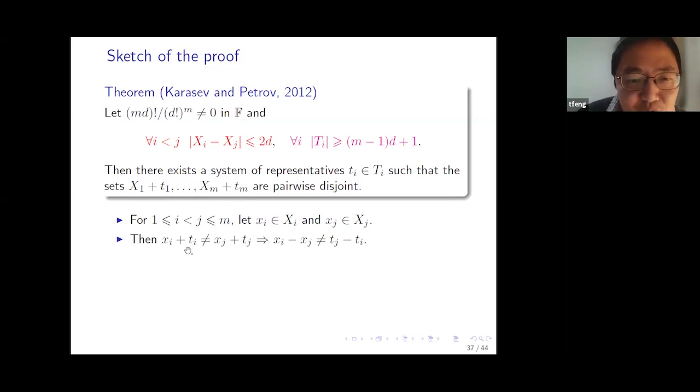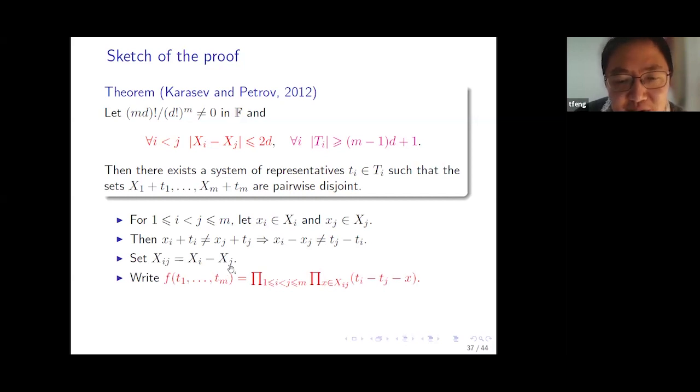So we hope xi plus ti is not equal to xj plus tj, and that means xi minus xj is not equal to tj minus ti. Here xi, xj all come from the given base blocks, so this is a fixed number. We just want to know whether we can find possible translations ti, tj such that this inequality holds.